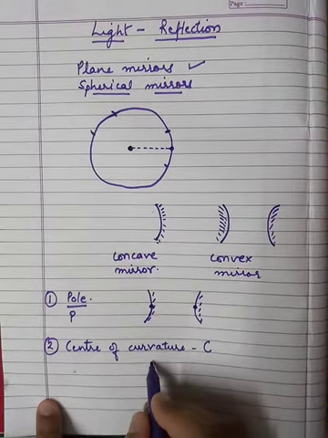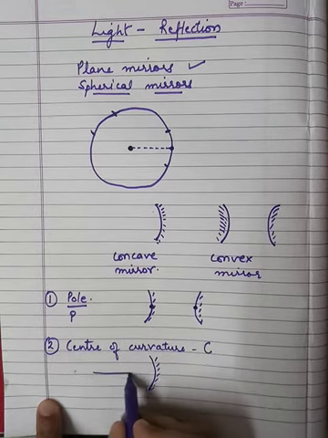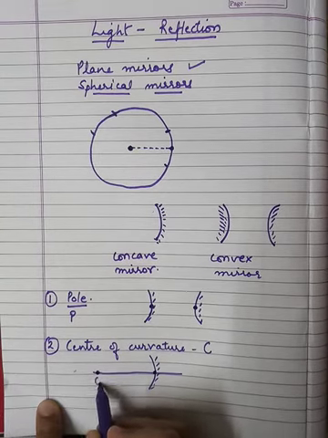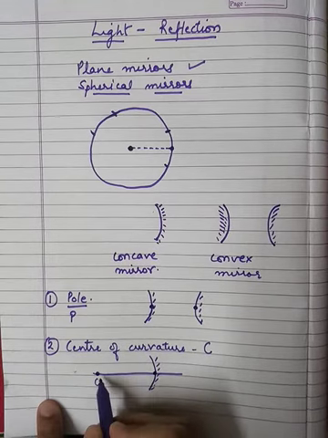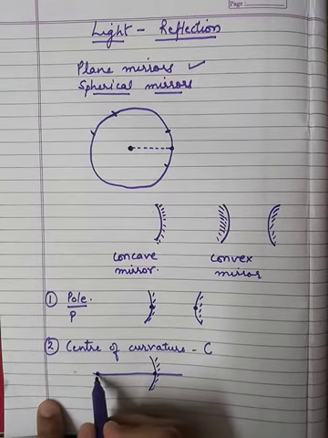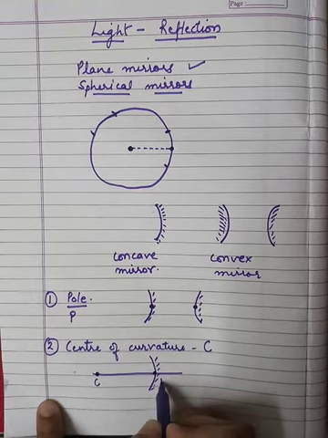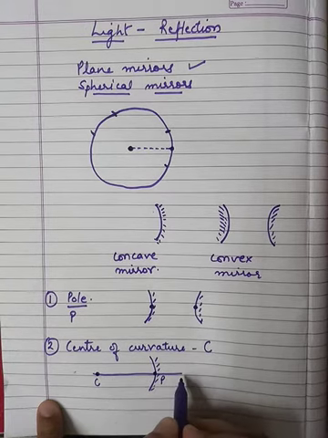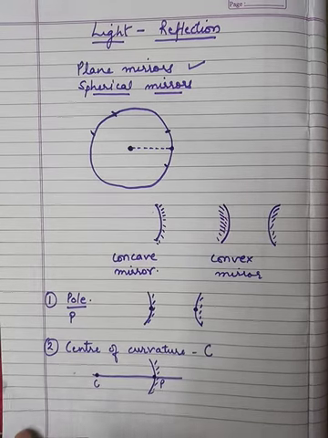How will I draw it? For a concave mirror, the center of curvature will be this one. If I draw a straight line between the center point and the pole P, this joining line will be called the principal axis.